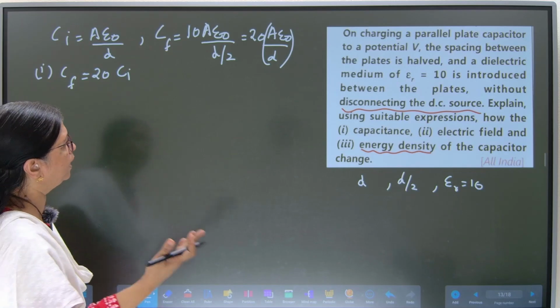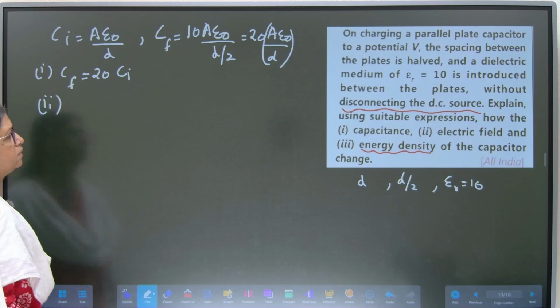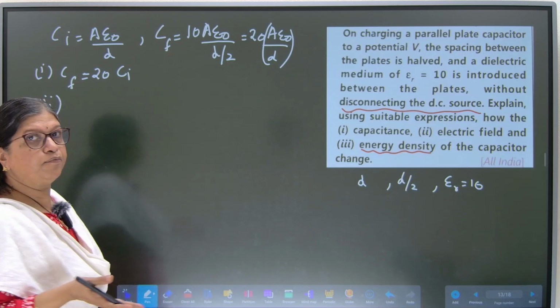Now let us go to the second part. They are asking us to compare the electric fields.